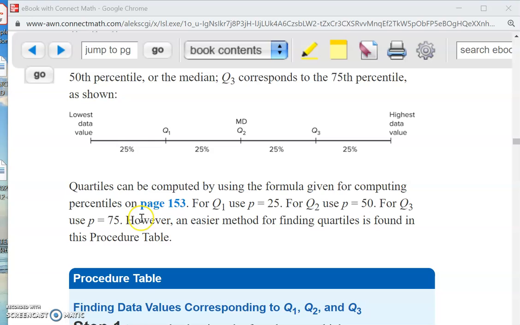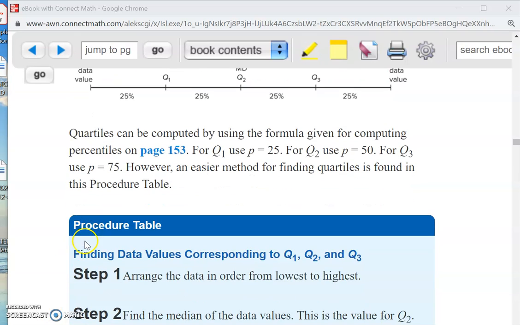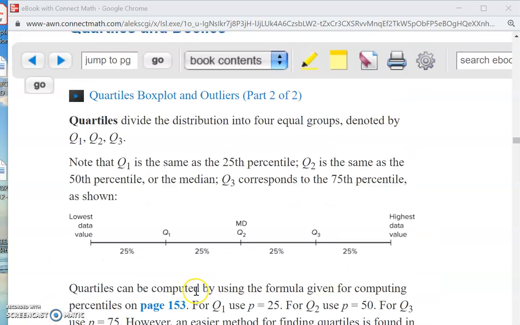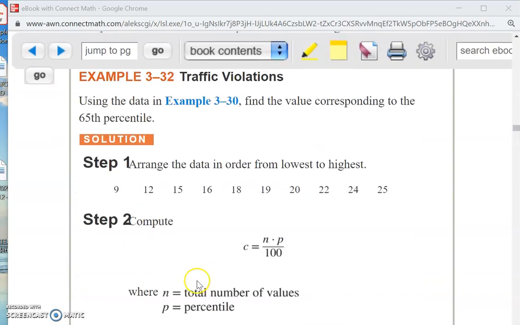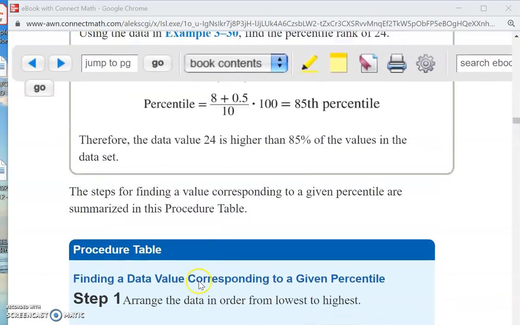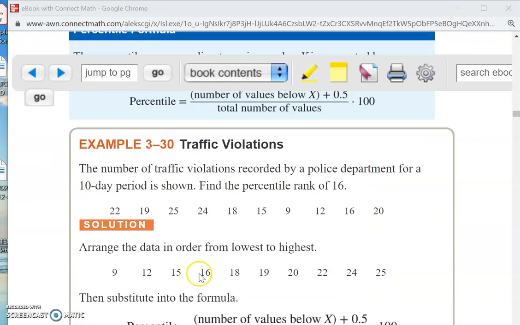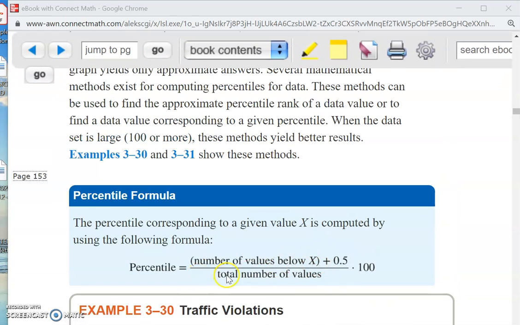All right, so we can find these quartiles using the formula used for computing percentiles on page 153. So that was this formula all the way up here, right here.